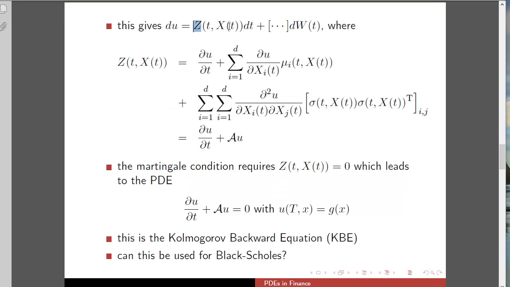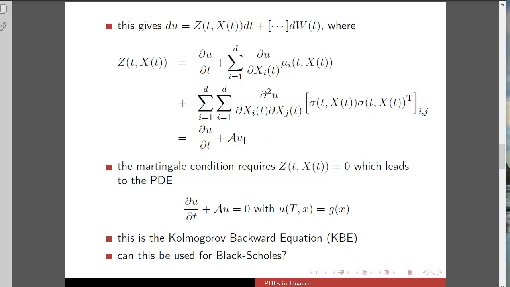So we have something times dt where no Wiener process is involved, and then we have this Wiener process times something else.